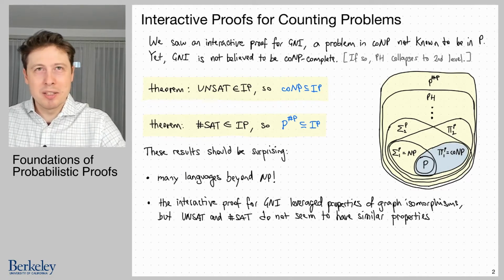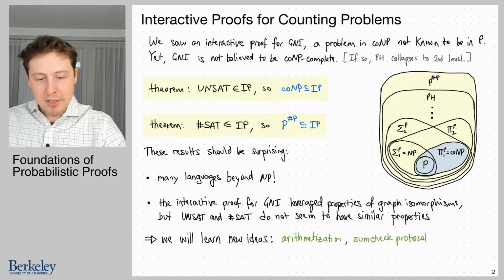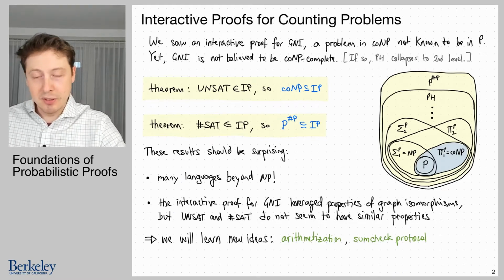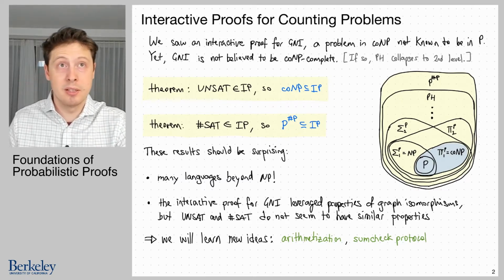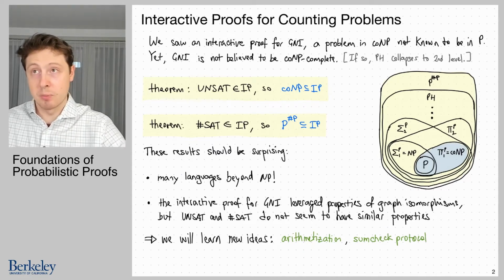Are you going to re-randomize the formula and hide it within other formulas? That's precisely why to prove these theorems, we're going to have to learn some new techniques, and specifically we're going to be exposed for the first time to two fundamental tools in the theory of probabilistic proofs. One is arithmetization, and the other one is the Sumcheck protocol.